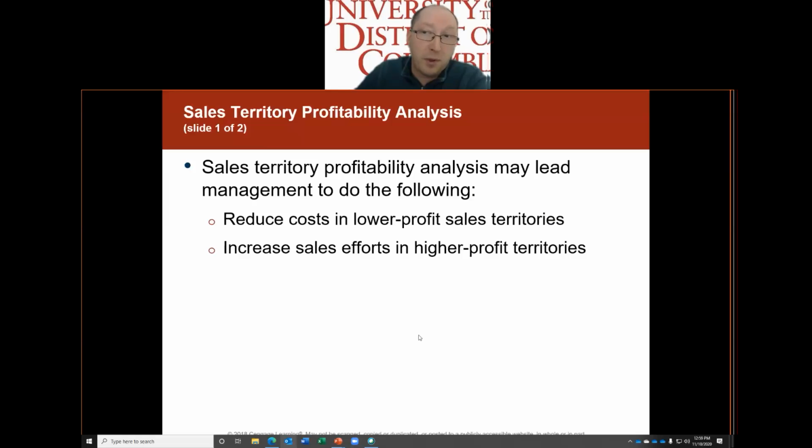Sales territory profitability analysis is where we break down by looking at the different territories to reduce costs in lower profit territories and increase sales in higher profit territories.